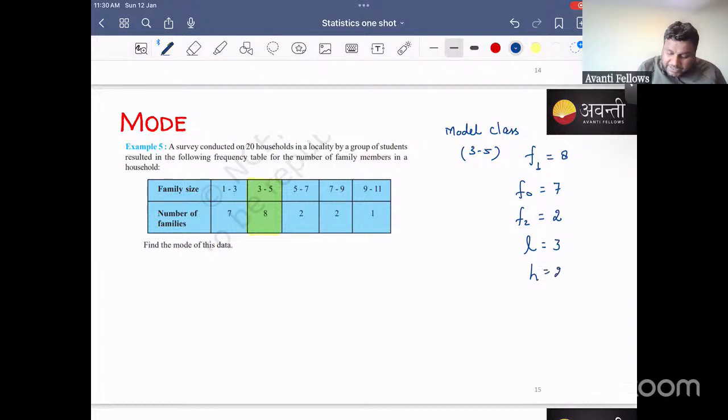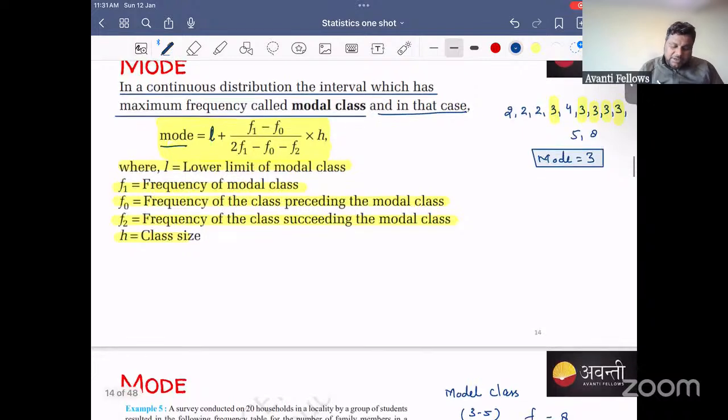H is the size of the modal class, that is 2. So mode will be L plus (F1 minus F naught) upon (2F1 minus F naught minus F2) into H.